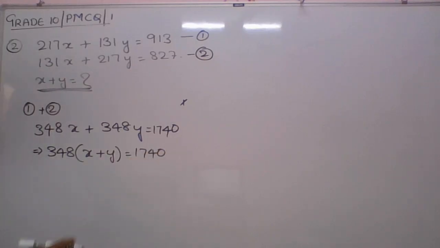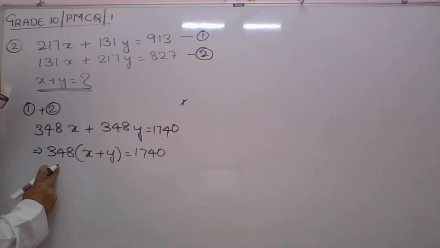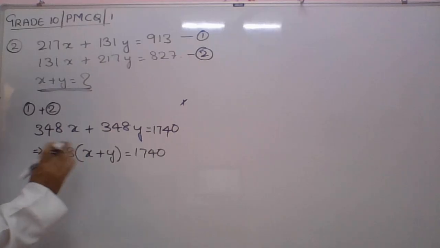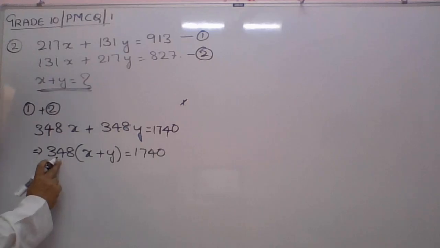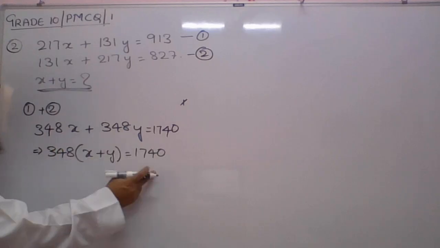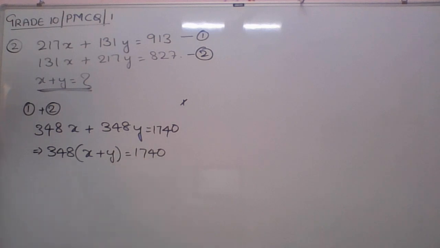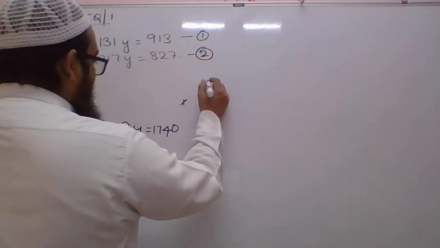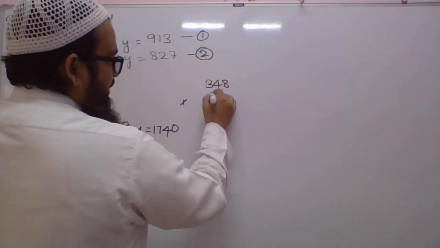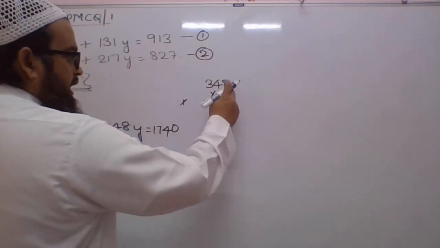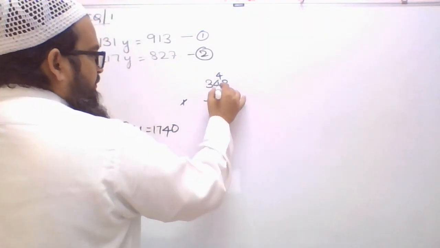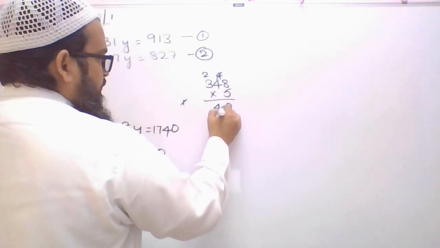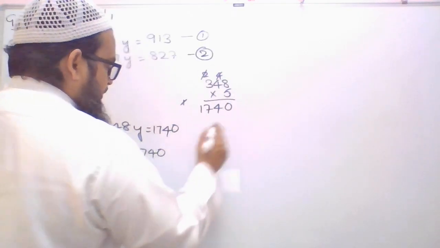Now see, you are going through CBSE. CBSE is going to check your concepts. It is not going to waste time. So when I transpose 348, maybe it is divisible. Since the ending number is 8 and here it is 0, we get 0 when we multiply 348 with 5. Let me check. 8 fives are 40, 5 fours are 20 plus 4, 24, 5 threes are 15 plus 2, 17.